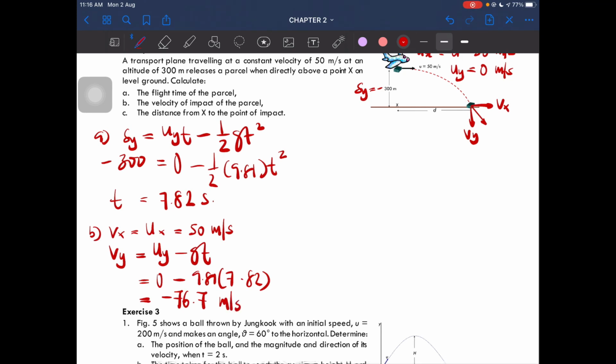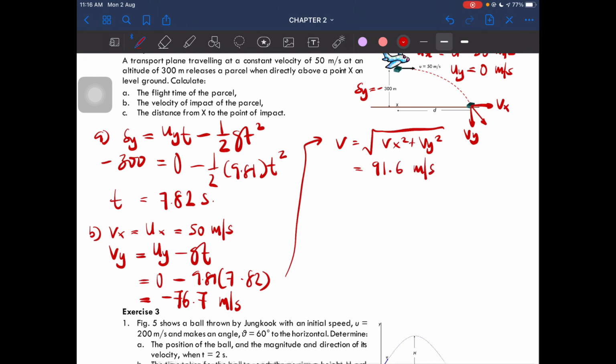Okay, it doesn't end there. You then have to find the magnitude, which is v equal to square root of vx square plus vy square. Substitute the values, then you'll get the magnitude to be 91.6 meter per second.